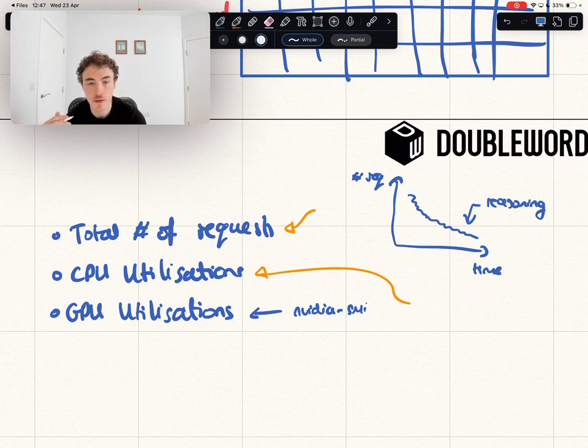And if you're using something like CUDA graphs in your inference engine, which lets you request many operations and send them off in one go, these round trips to the CPU can be very infrequent. And so a lot of the time, the CPU utilization is not a good metric. It's not very well correlated with the actual load on the GPUs.